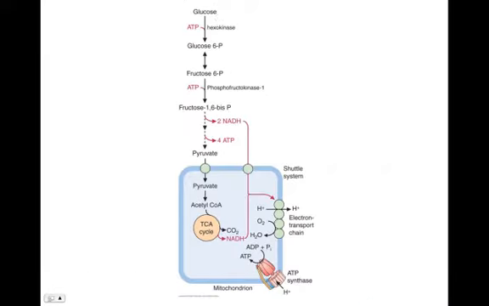So once glucose is free in circulation, it can be taken up by the cell and oxidized through glycolysis. The first part of glycolysis, where glucose is converted to pyruvate, happens within the cytosol of the cell.